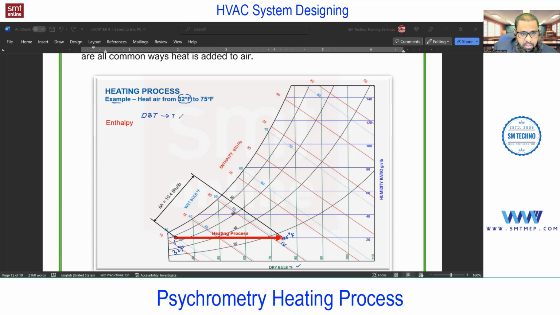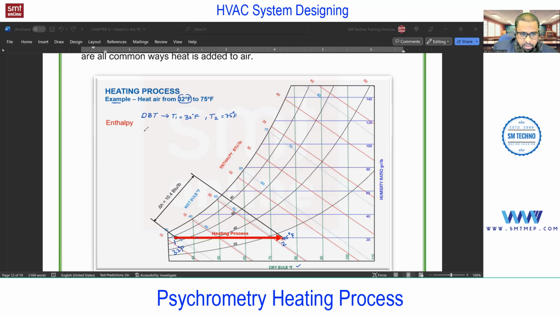I'm considering T1 as 32 degrees Fahrenheit and T2 as 75 degrees Fahrenheit. This is the first condition, meaning an increase in heat. There is no confusion in this, and it's a heating process. We are adding heat so there is an increase in temperature, and adding heat means enthalpy. We'll talk about enthalpy also, but the first point is temperature.